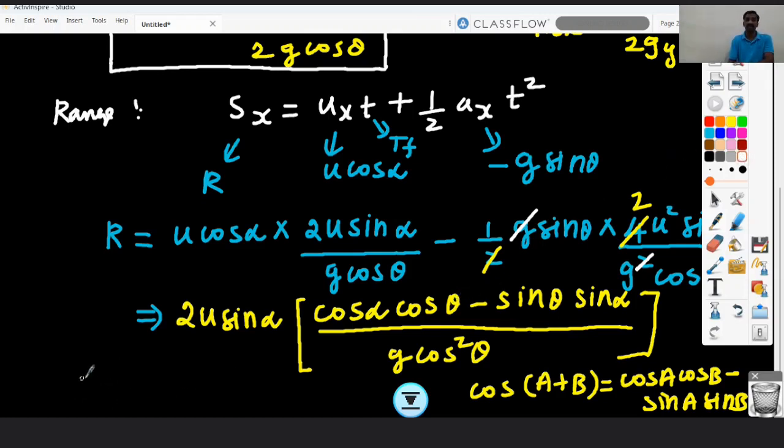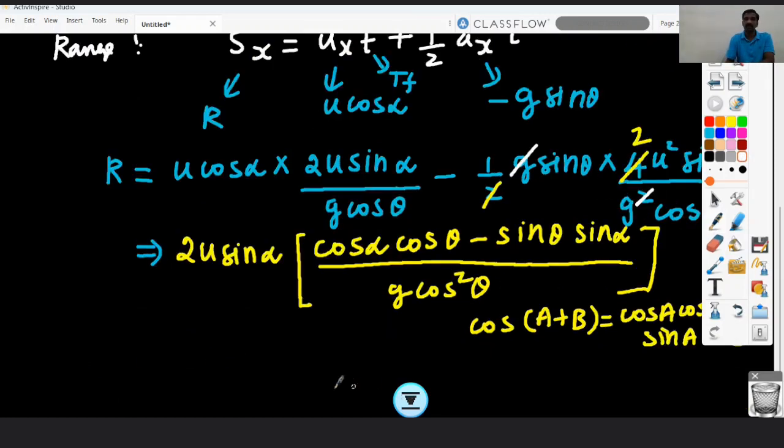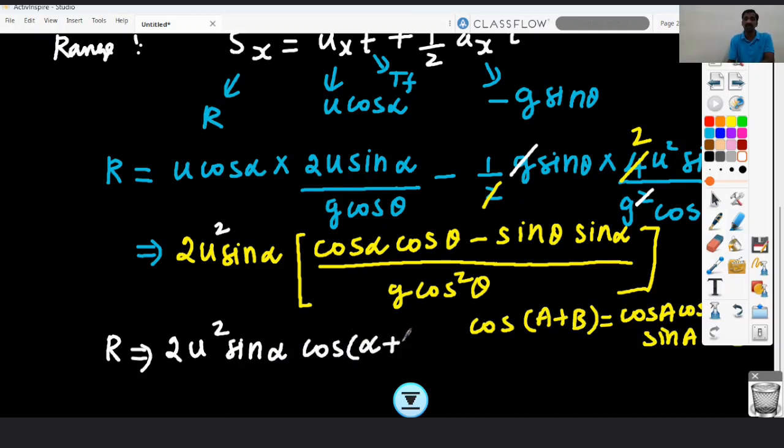So we can rewrite this formula: range equal to 2u square, because we forgot one thing, u into u gives u square. So range equals 2u square sin alpha into cos of alpha plus theta, divided by g cos square theta.